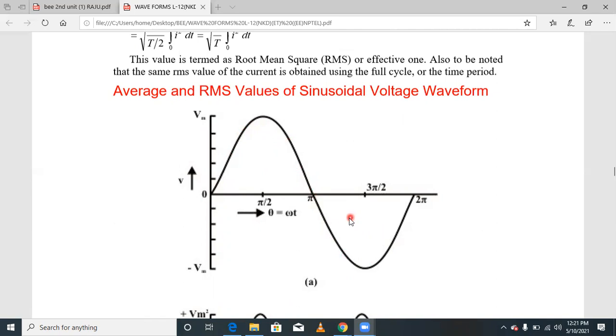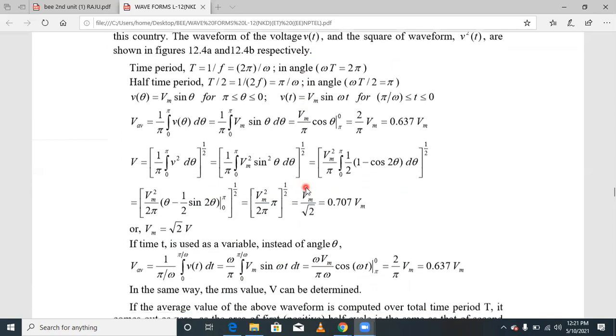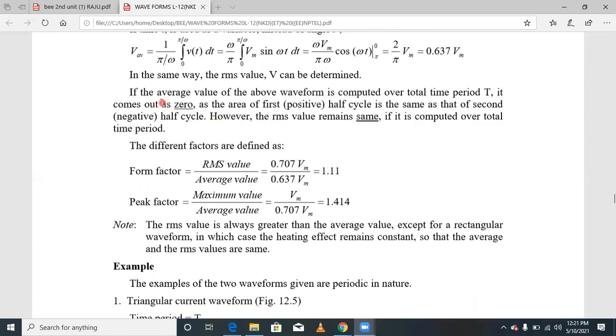That's why the resultant average value becomes 0, but not in the RMS value. So the average of the sinusoidal waveform over the time period T comes out as 0, as the first half is positive and the second half cycle is negative, and the resultant becomes 0.